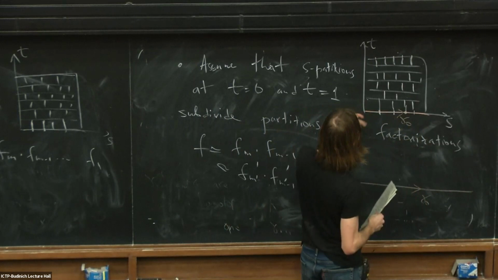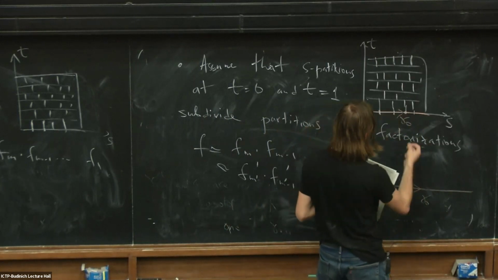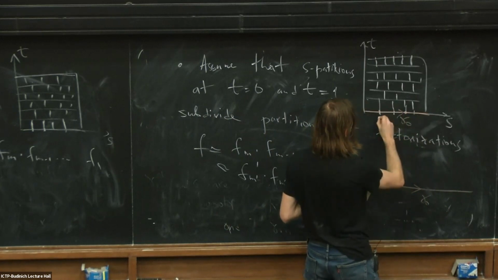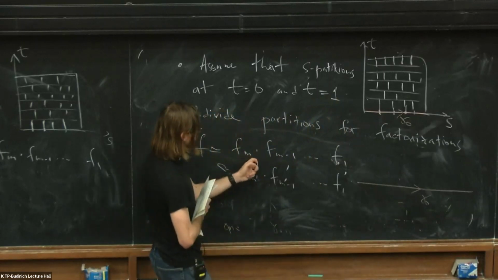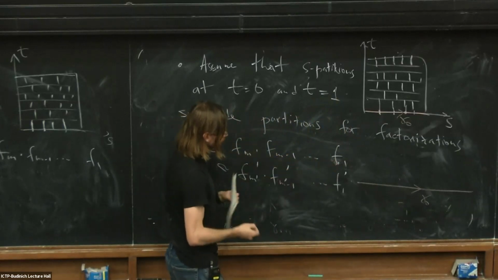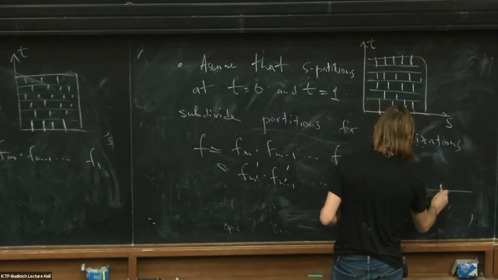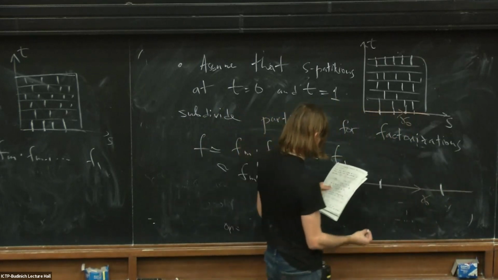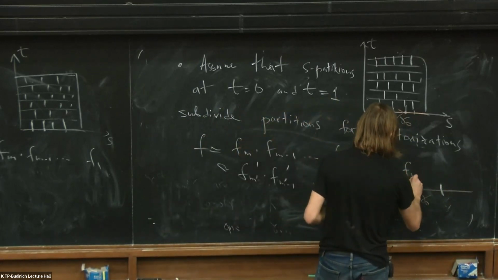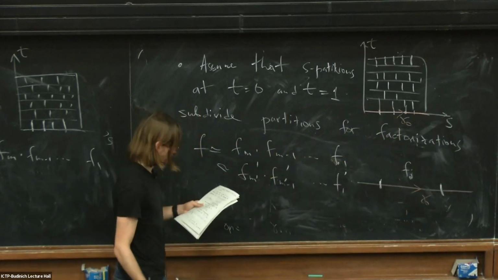By our construction, the restriction of capital F to the bottom edge corresponds to our factorization f m minus 1 down to f1. In particular, there will be some part of this bottom edge for which the restriction of capital F is fj for some j appearing here.